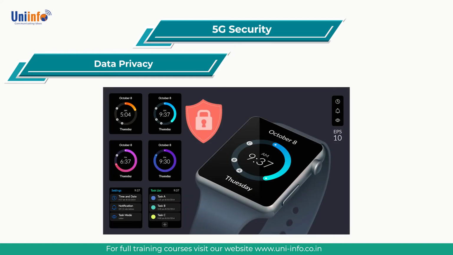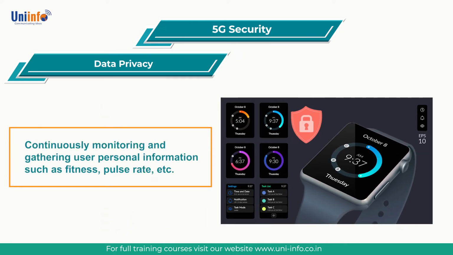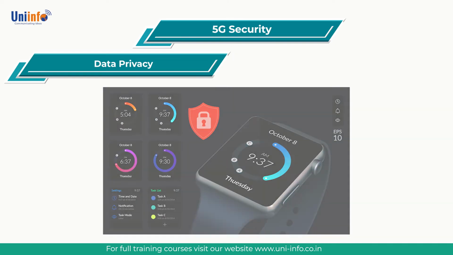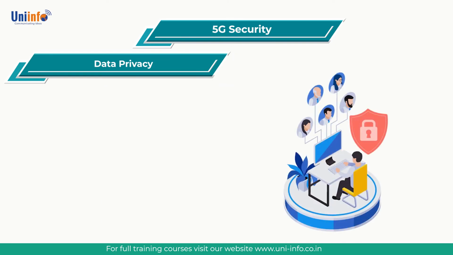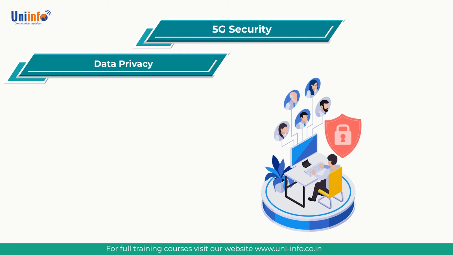In a similar way, wearable devices produce an explosive quantity of data because sensors or chips attached to wearables are continuously monitoring and gathering user personal information such as fitness, pulse rate, etc. This data may be analyzed by a third party, who can extract other features from it without asking permission of the user. Data privacy risks arise when the third party service provider or any other malicious attacker wants to access the user's personal data without their consent.